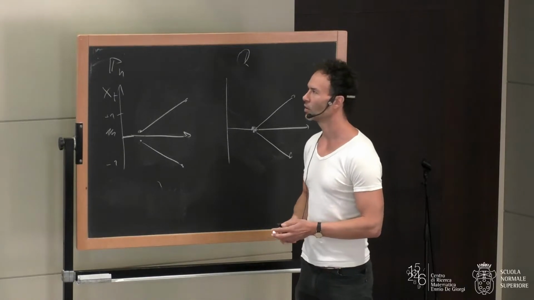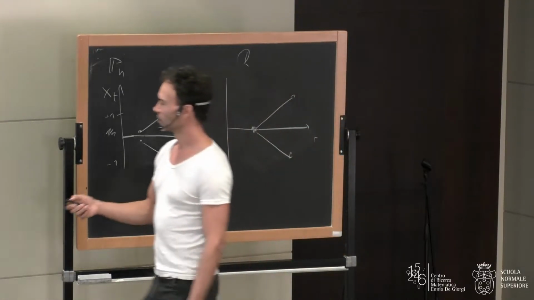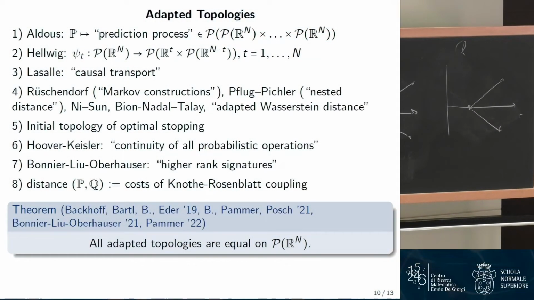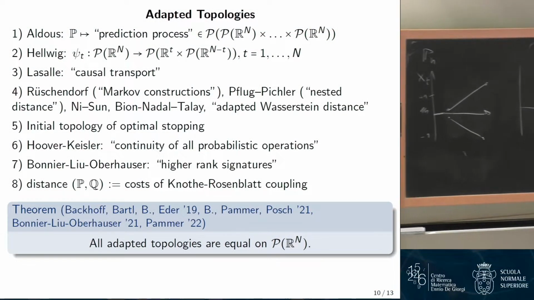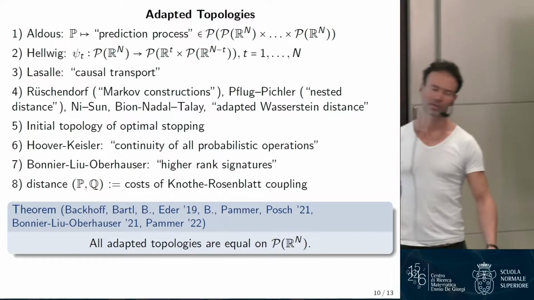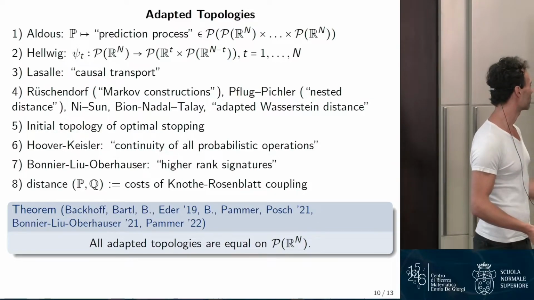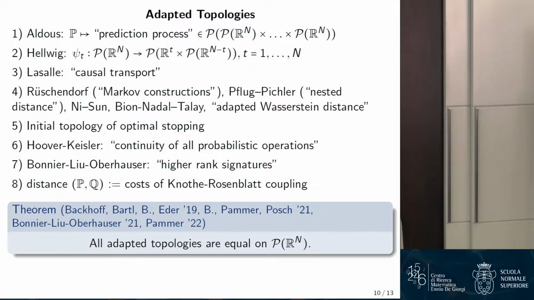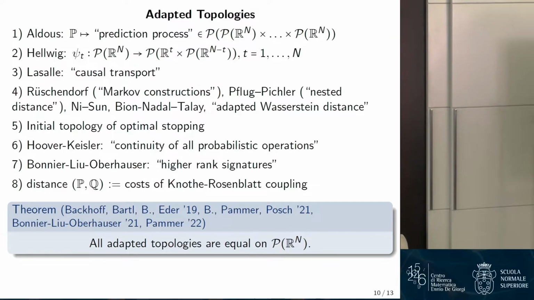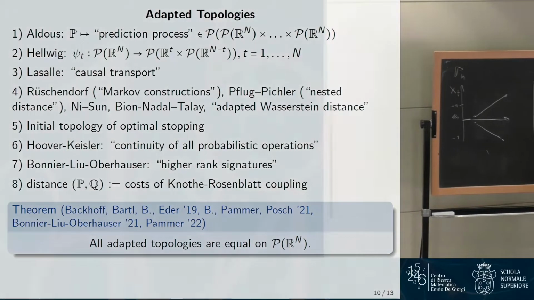And actually with all of these topologies you can attach some metrics, and naturally they are not complete. And of course that's a bit bothering, and somehow you know what the object in the completion should be, but it will not be represented in this classical way.